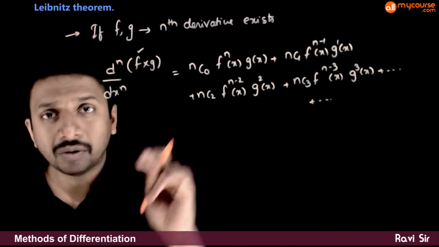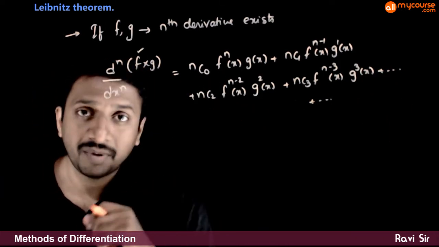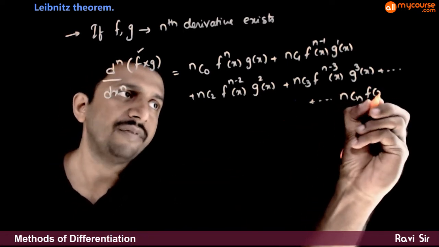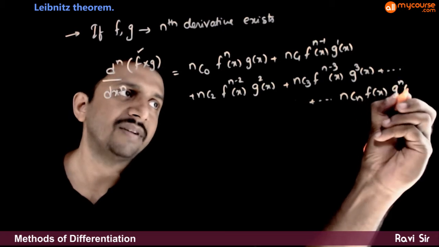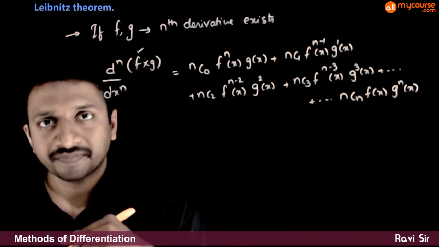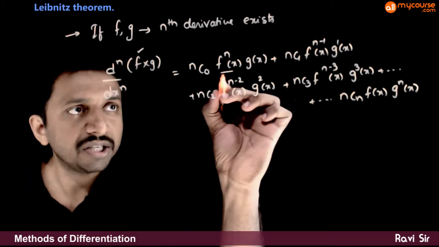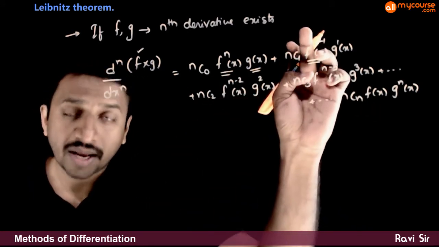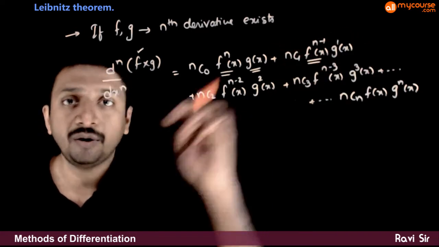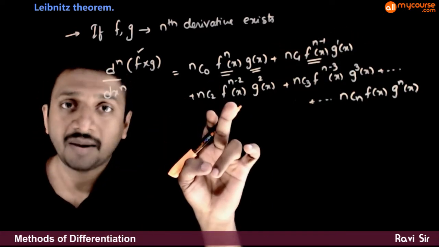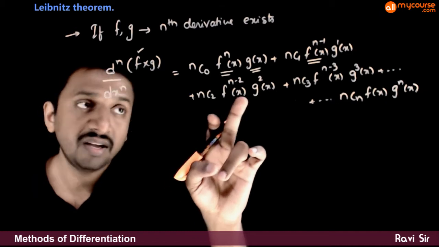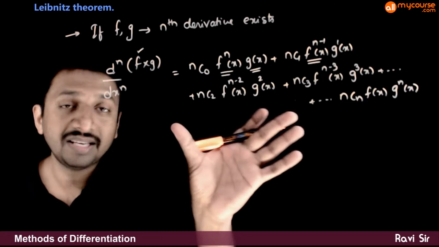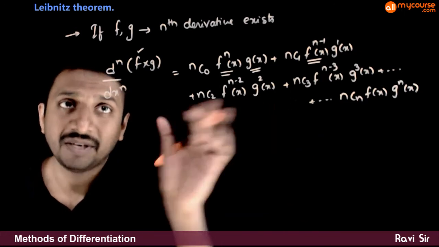This pattern goes similar to the binomial expansion. Lastly, nCn f of x times the nth differentiation of g of x. So this is called Leibniz theorem.